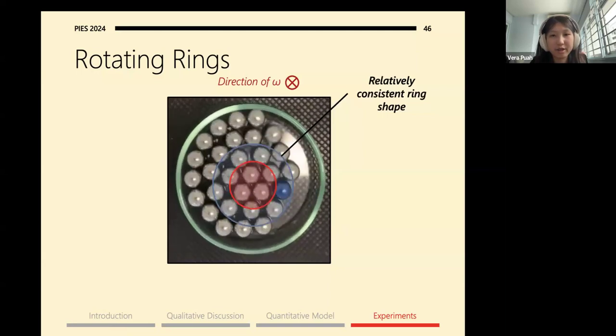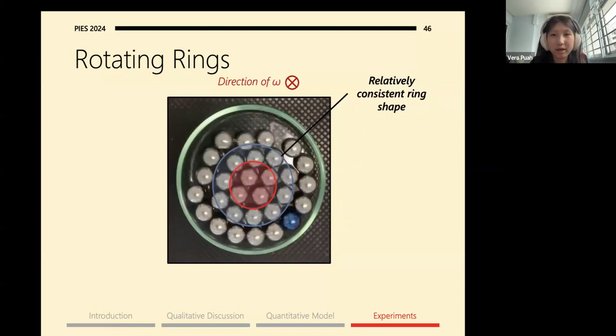And the shape of it actually stays relatively consistent due to the way the balls pack. But what's more interesting is that you can see an additional level of this pancake motion happening, because the inner ring is actually rotating in the opposite direction of the blue ring because of the exact same pancake phenomenon going on, creating a torque in the opposite direction.